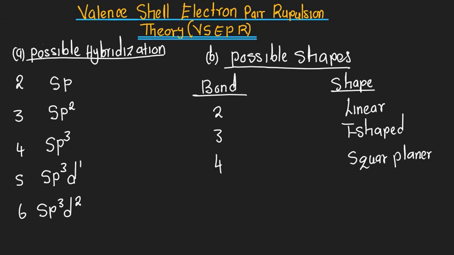If your compound has 5 bonds, it's called a square pyramid. Then if it has 6 bonds, it's called an octahedral shape.